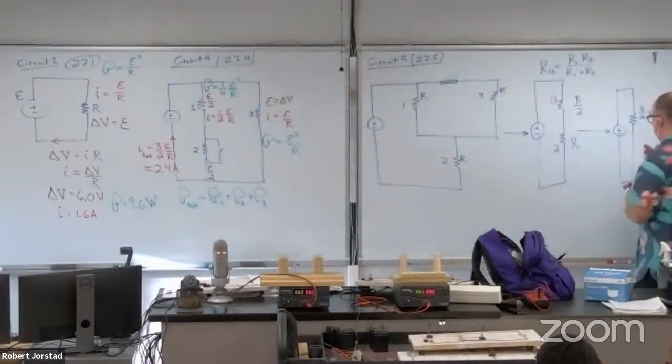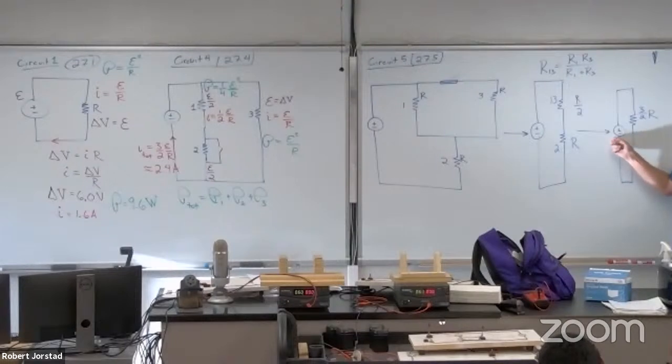Well, now that I've got it down to a battery and one resistor, what do I know about this in terms of voltage? Cool. What do I know about the current? E over 3/2 R, which isn't that going to give me 2/3? Is that cutting off on Zoom?